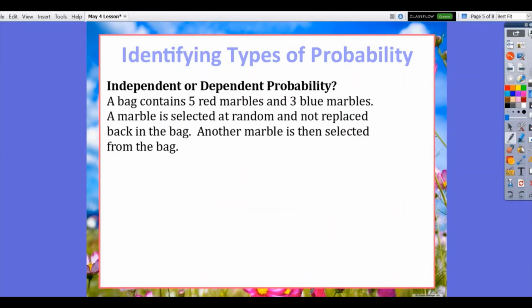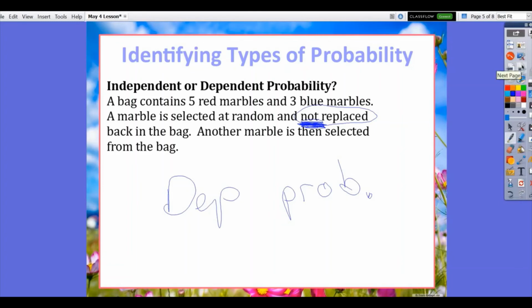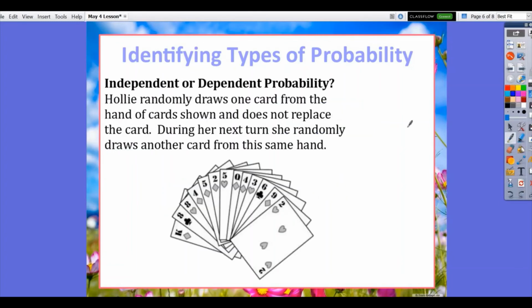Okay? So let's check out the next one. Again, we're going to try to figure out, is it independent or dependent? A bag contains 5 red marbles, 3 blue marbles. A marble is selected at random and not replaced. When it's not replaced, it changes the number that we started with, right? It's not the same anymore. So that means this has to be dependent probability. Okay? All right, let's look at the next one. We're trying to decide independent or dependent.